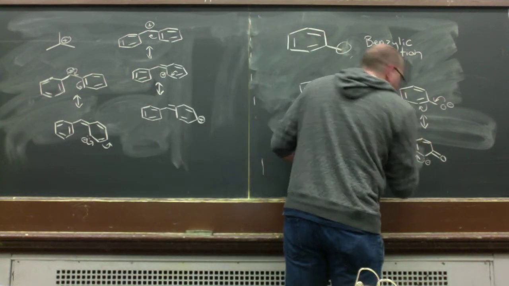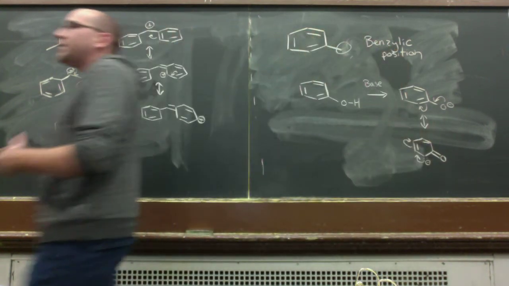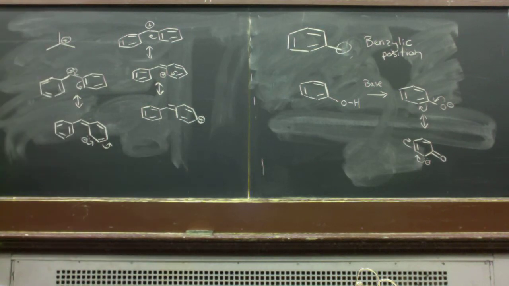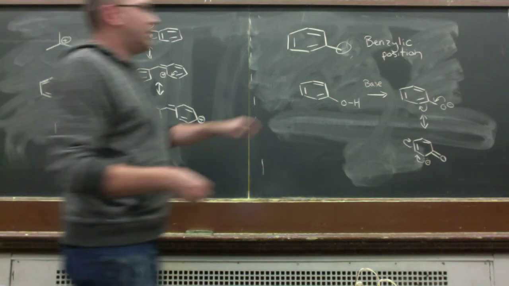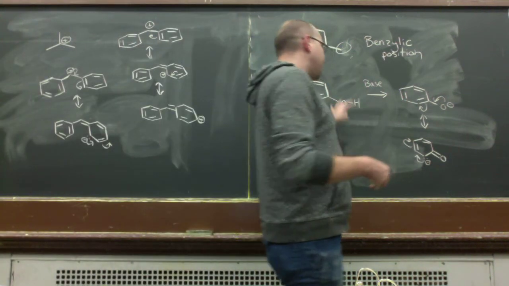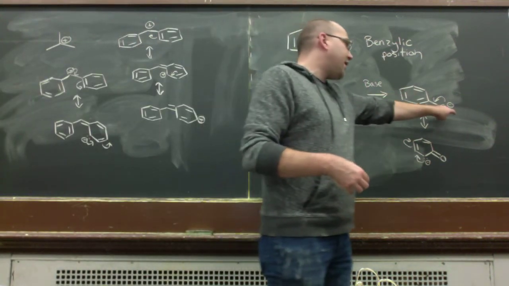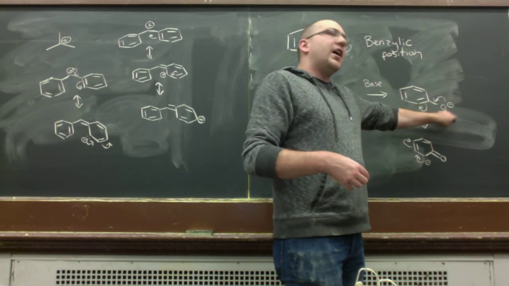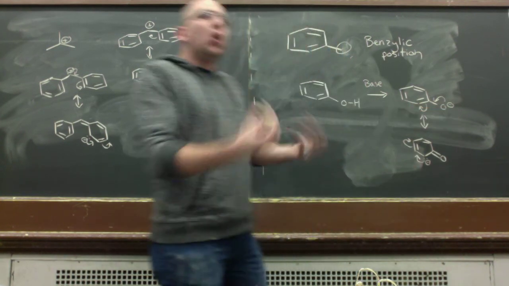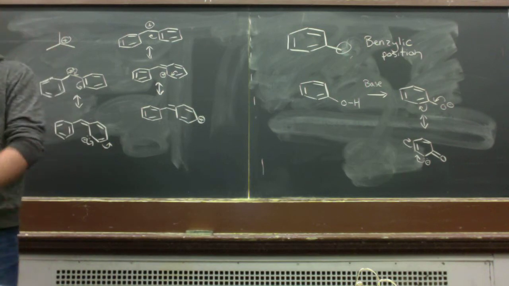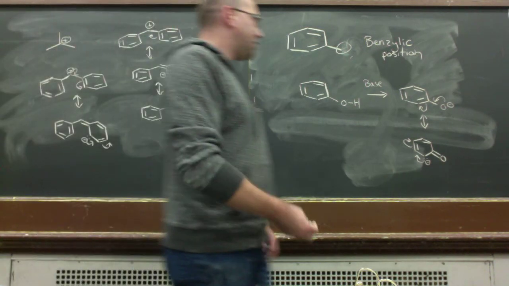Okay, and so again, we can keep pushing that around the ring, right? The point is that this stabilization by resonance of this OH bond being deprotonated, that anionic oxygen can delocalize that charge throughout the pi system that's attached to it.